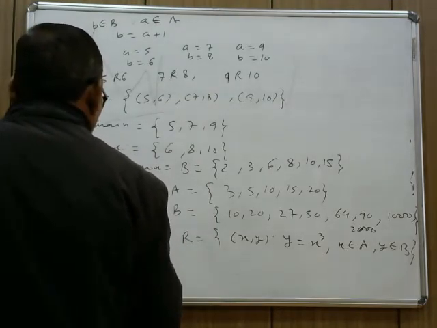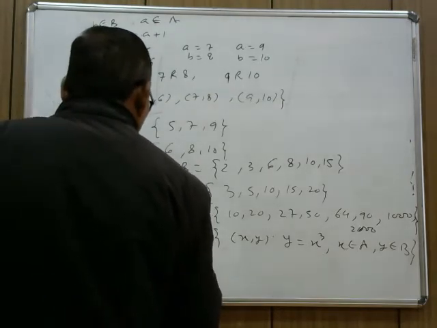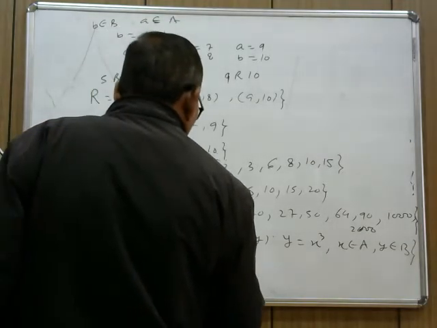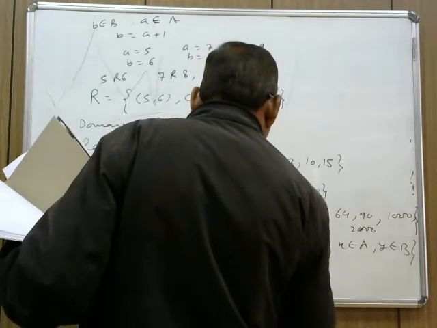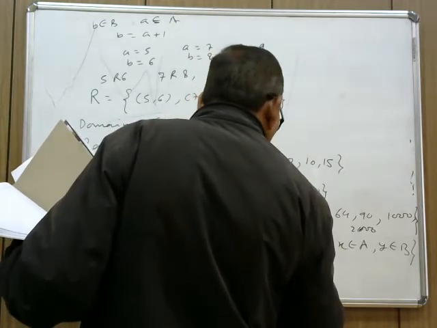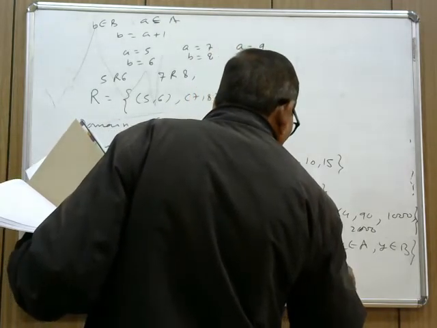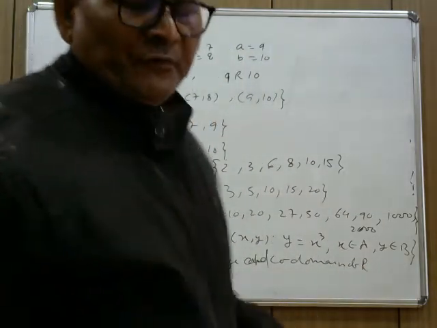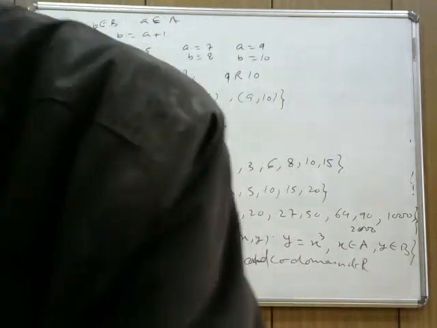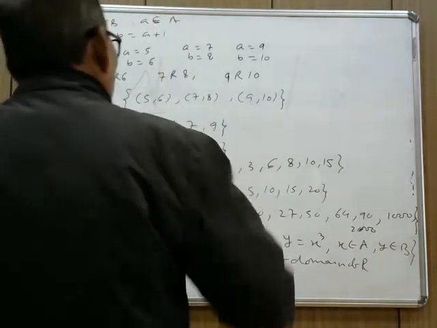Your question is to find domain, range and codomain of R. So in this way, first you find your relation in roster form.